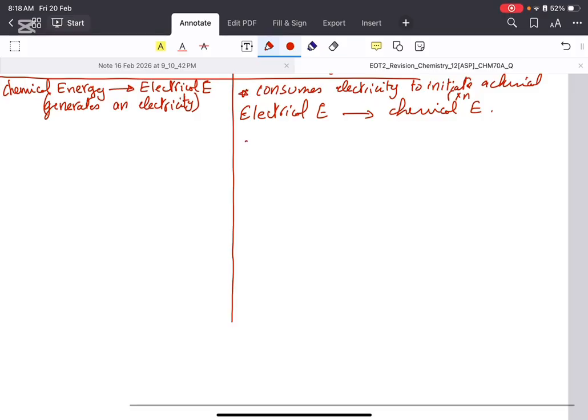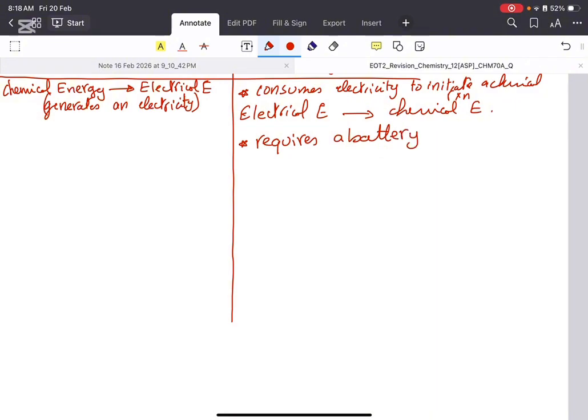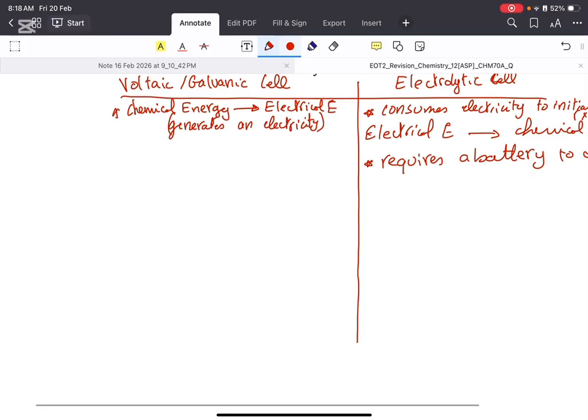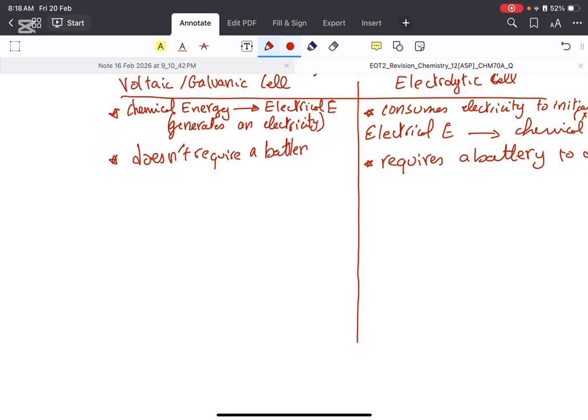This one requires a battery to operate, whereas this one is the battery itself. It gives us the battery. So it doesn't require a battery, a power source.